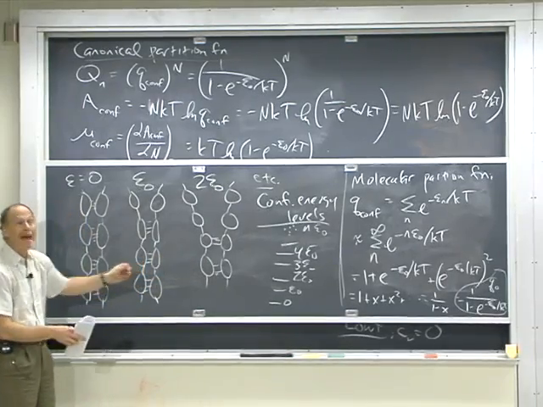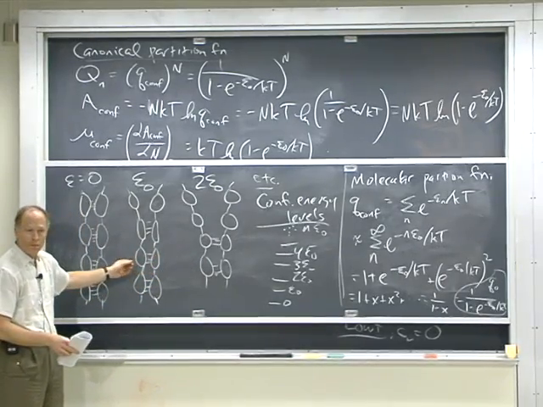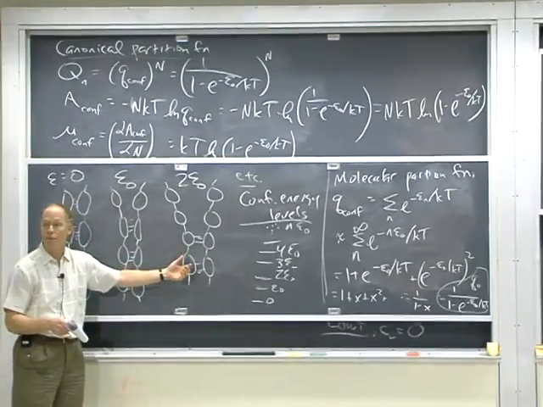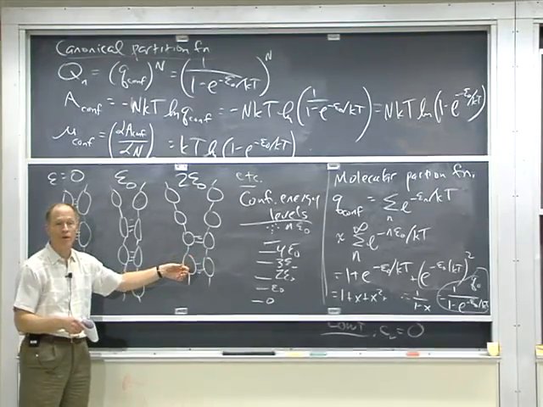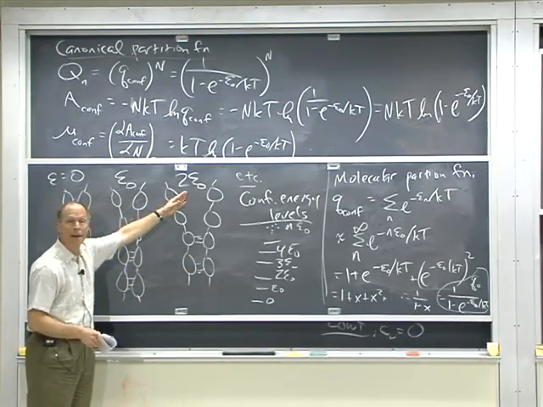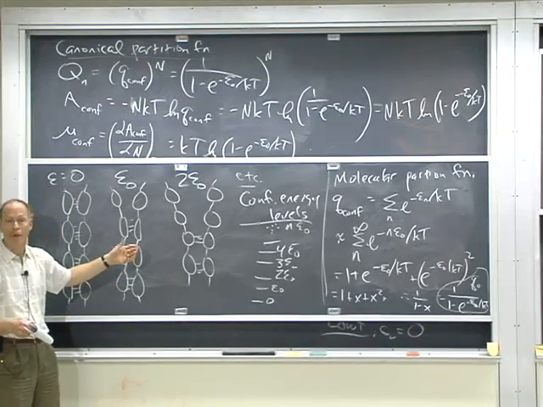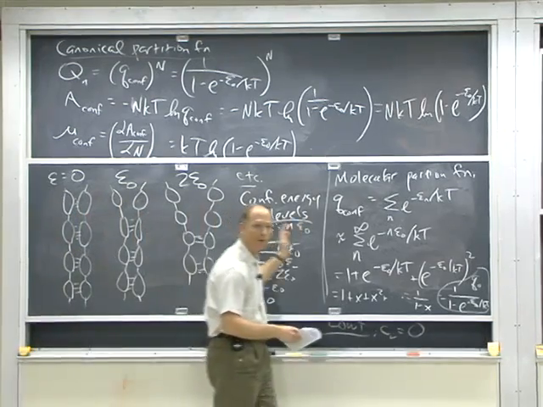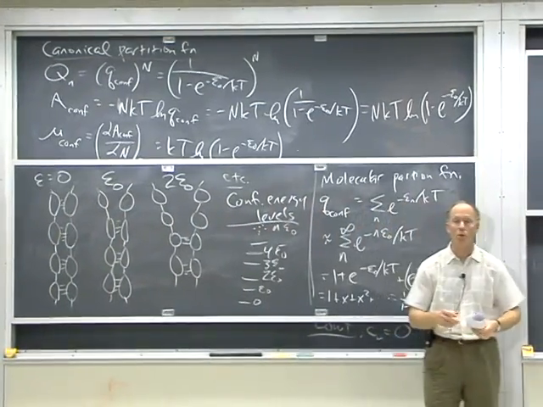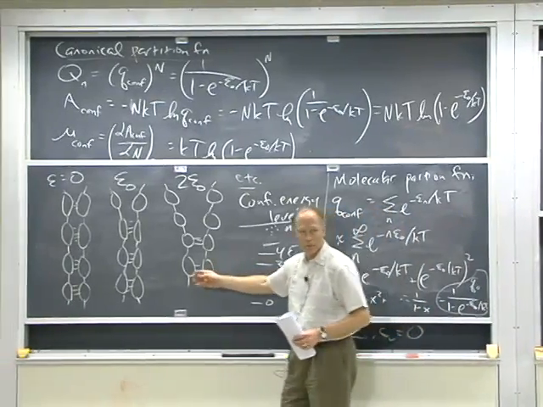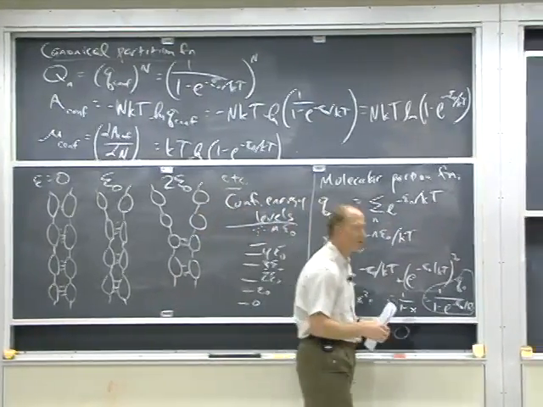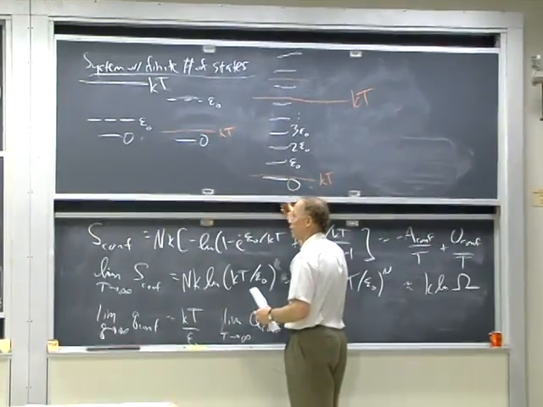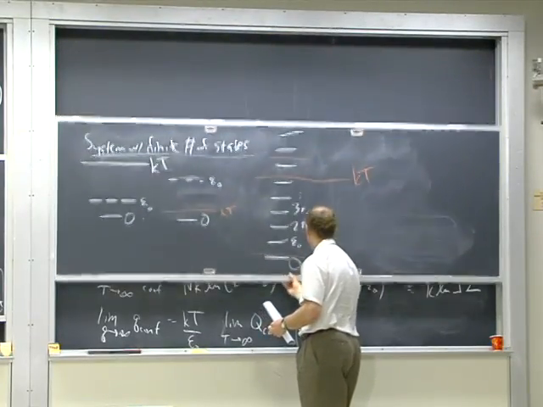Realistically, the variation of the molecular energies is going to be comparable to the average energy. So if the average energy is roughly 10 epsilon 0, how much might it vary? Well, there are going to be some molecules that have only a couple of bonds broken and some that might have 20 bonds broken. The variation will be on the same order of magnitude as the average itself. But then you average over capital N of them, and you immediately discover that there's very, very little variation.